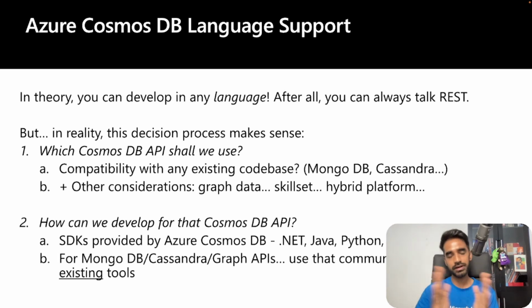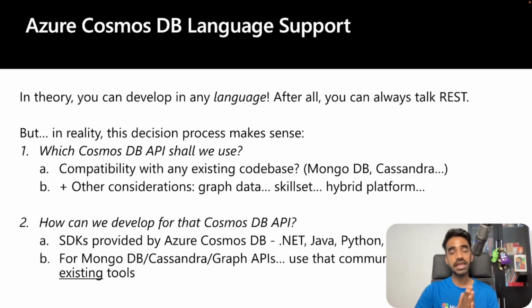I will do a separate video on choosing the underlying APIs on Cosmos DB. If you are using the SQL or Core API, we do have native built-in SDKs in various languages that should be the default option whenever you are interacting with Cosmos DB.